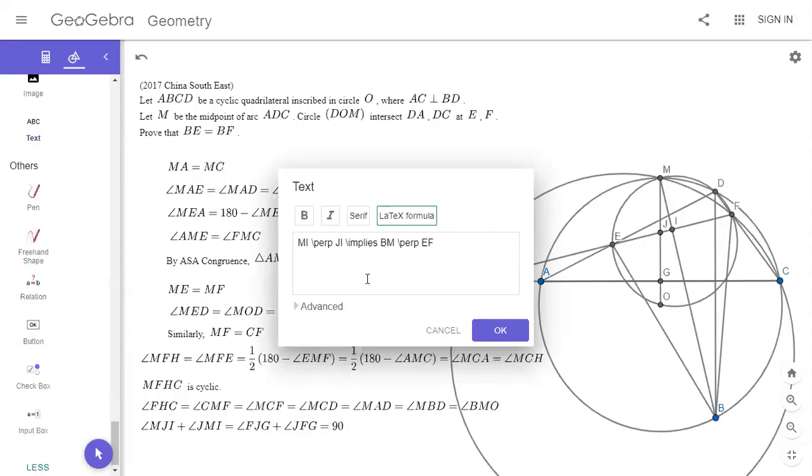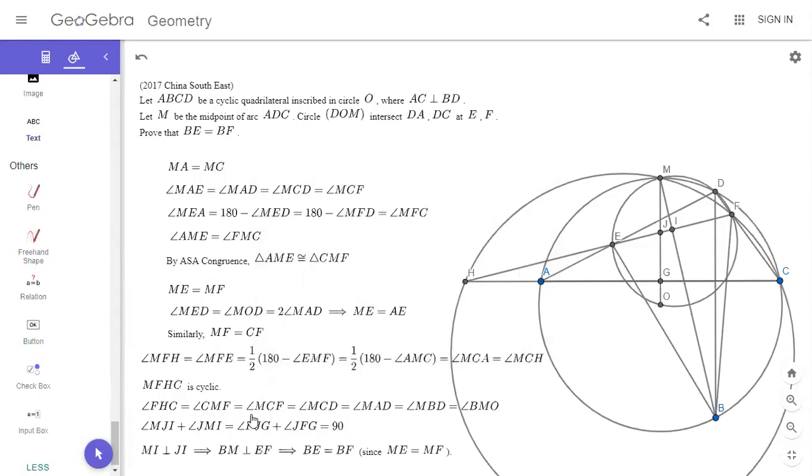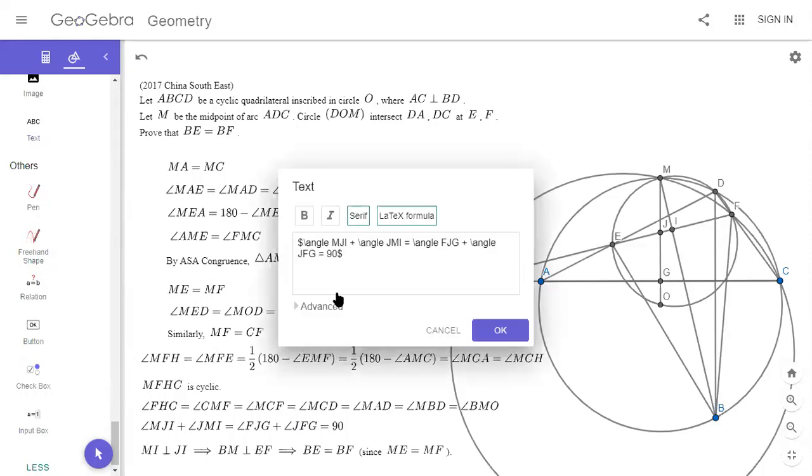And so that means that BE is equal to BF, since ME is equal to MF. All right, I think that is probably good for now. I'm sure there's easier ways to express certain parts of this proof, but that does the job for now. Let me just add in this.